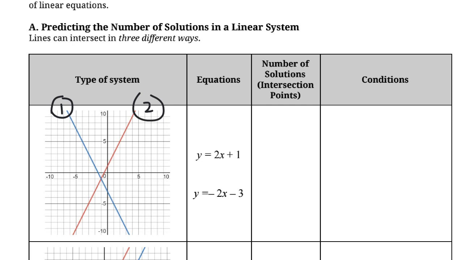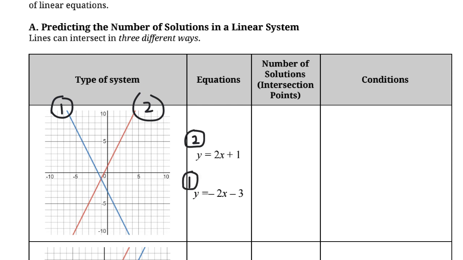I also have the equations in the second column that match up to those two lines. The first equation, y equals 2x plus 1, is the equation that matches line number 2. And the second equation, y equals negative 2x minus 3, matches line number 1, or the blue line.